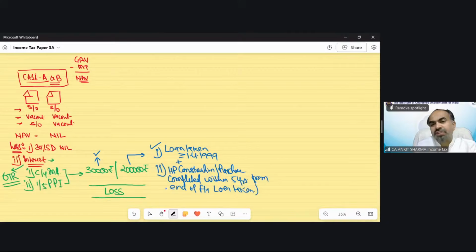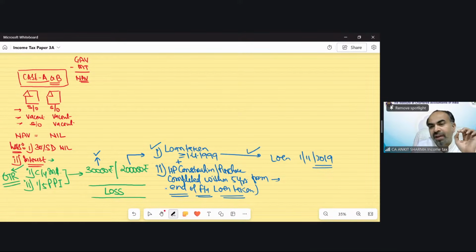So this condition says, suppose you have taken a loan on 1st November 2019. So the first condition has been fulfilled because the loan has been taken on or after 1st April 99. Now the second condition says the construction should be completed within 5 years from the end of the financial year in which the loan was taken.